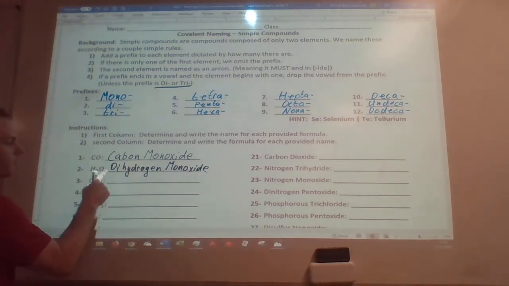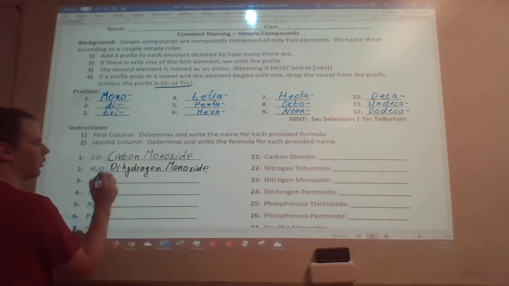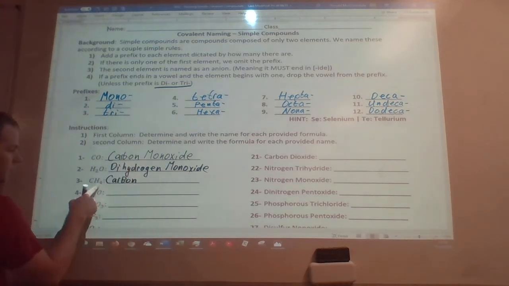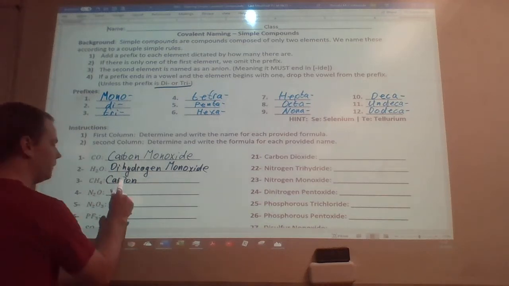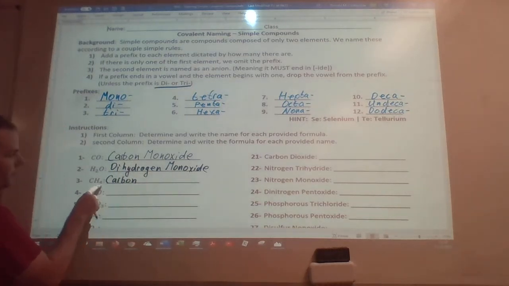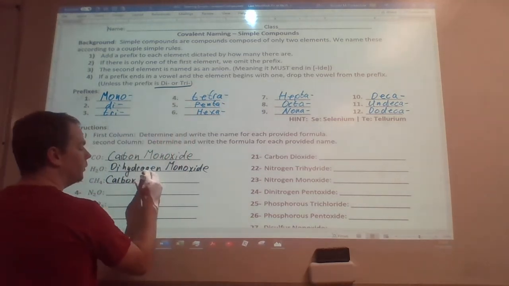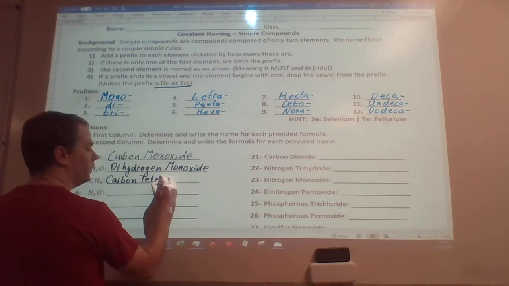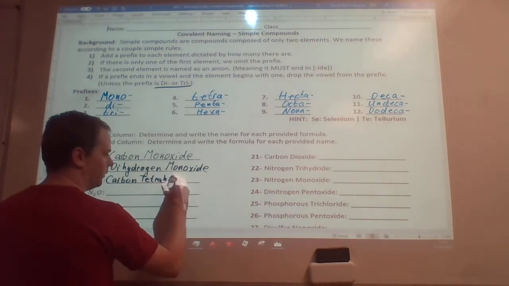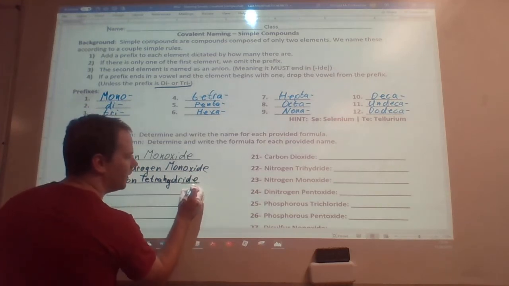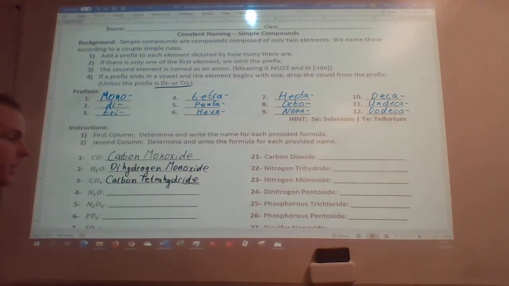Carbon: there's just 1, so we omit the prefix. Carbon, and we have 4 hydrogens, so the prefix that means 4 is tetra. So tetrahydride, because the second element has to end in ide.